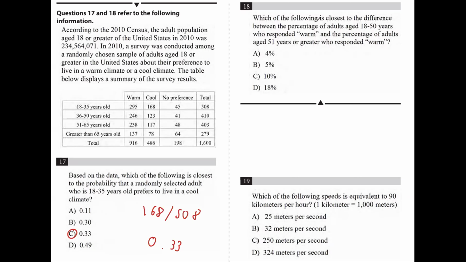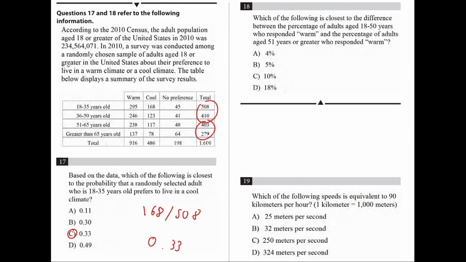Which of the following is closest to the percentage of adults between 18 to 50 that responded warm? Or, yeah, 18 to 50. So that would be these two, 18 to 50, who responded warm over the total. And then which of the following is the ones for 51 and over? So these two over the total.